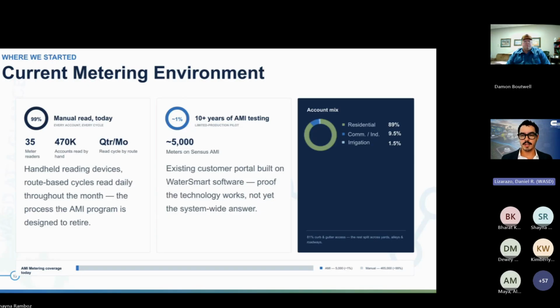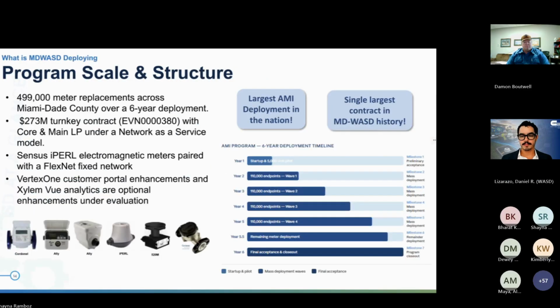And now we're looking to take our AMI journey to the next step. As far as the account mix, that meter population is roughly 89% residential, with 9.5% being commercial and industrial, and the remaining 1.5% being irrigation. Next slide.